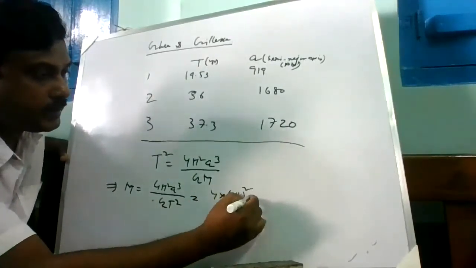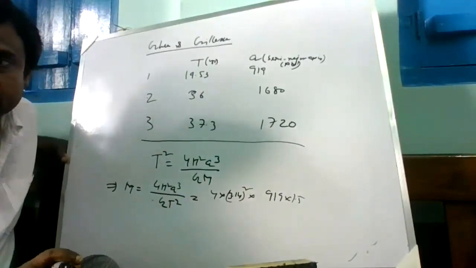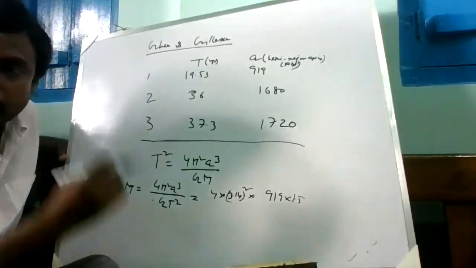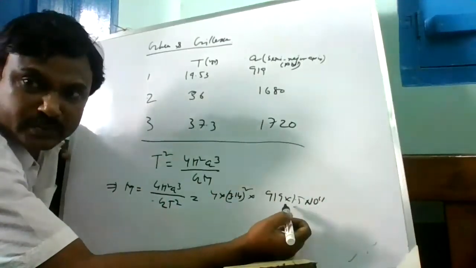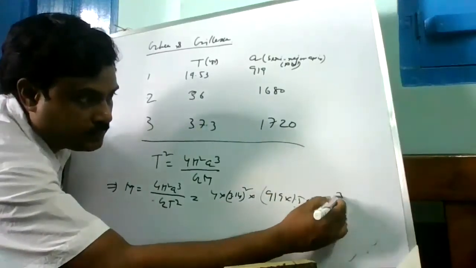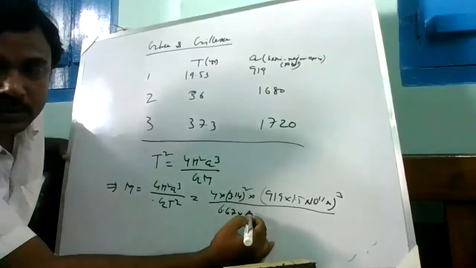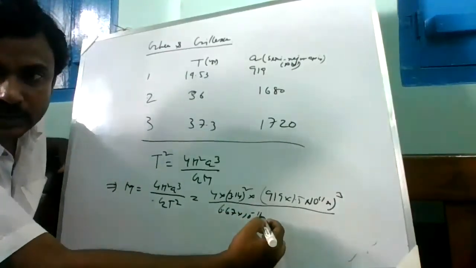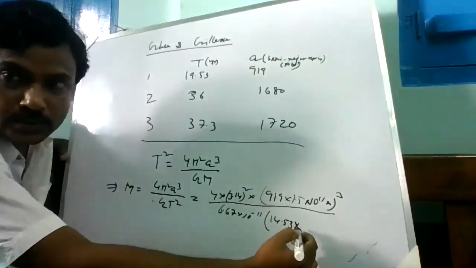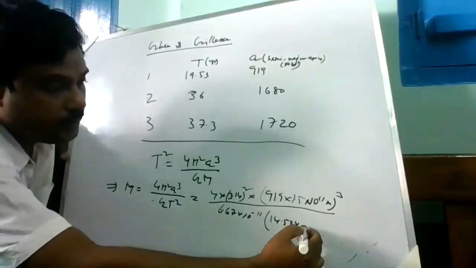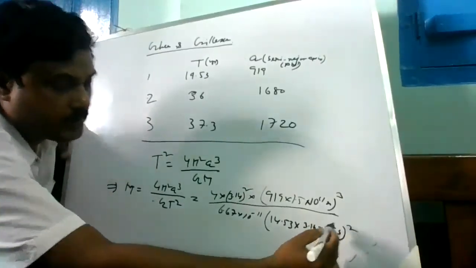Now, putting in the parameters of the first star, the value will be 4 into 3.14 squared, A cubed means 919 into 1.5 into 10 to the power 11, since one astronomical unit is 1.5 into 10 to the power 11 meter, cubed, divided by G, the universal constant 6.67 into 10 to the power minus 11, and T is the time period 14.53 years, so into 3.16 into 10 to the power 7 seconds, squared.